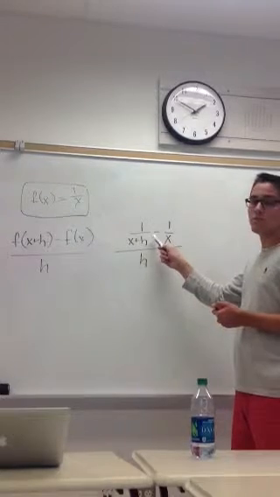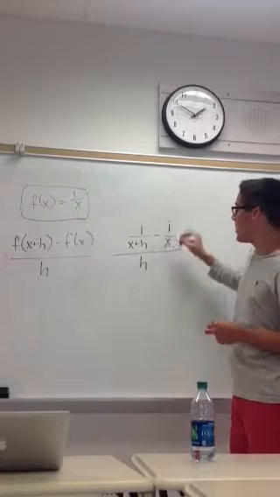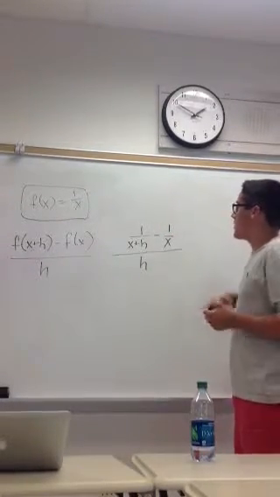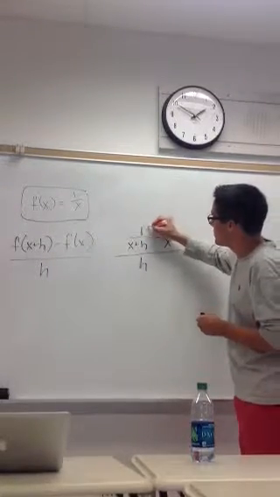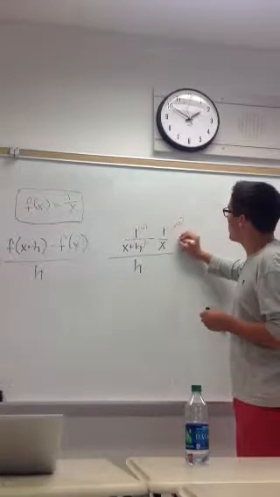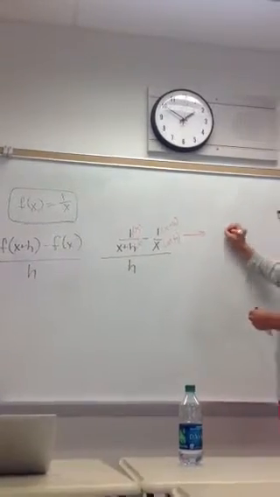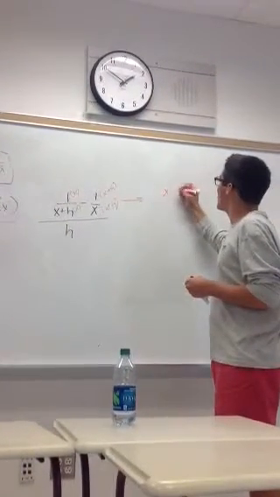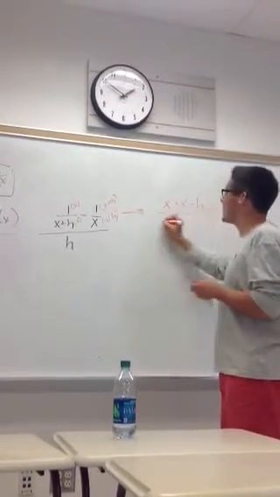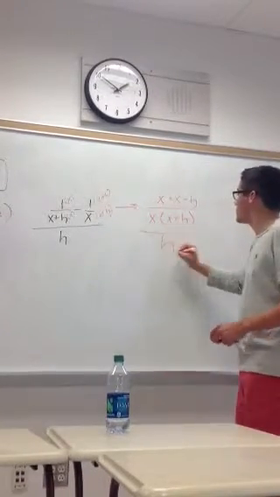In order to add these two fractions together, we need to find the LCD, which we'll just cross multiply. So on this side, we'll multiply the top and the bottom both by x. And on this side, we'll multiply the top and the bottom both by x plus h, which gives us x minus x, don't forget to distribute that minus, h over x times x plus h over h.